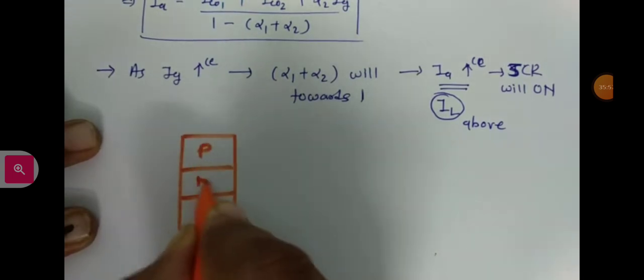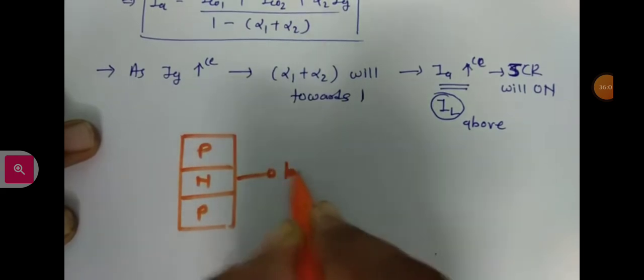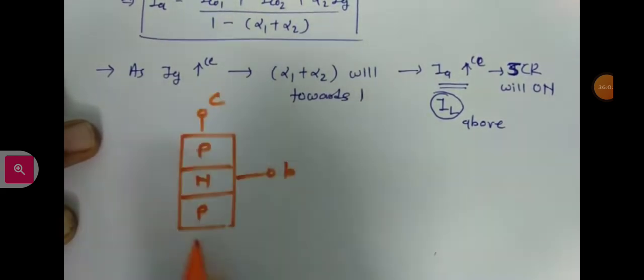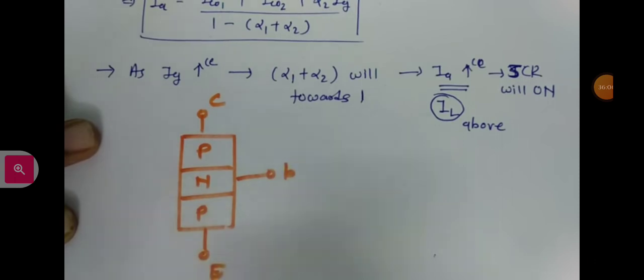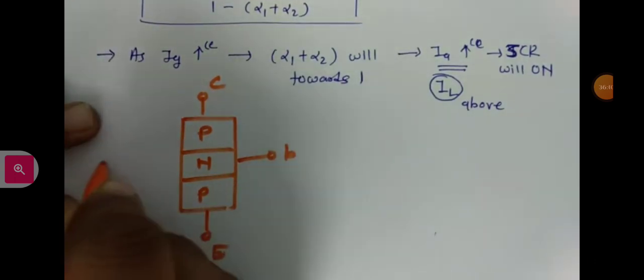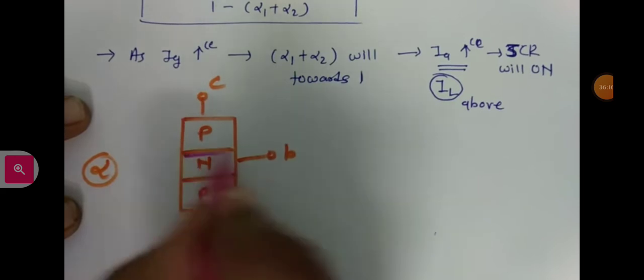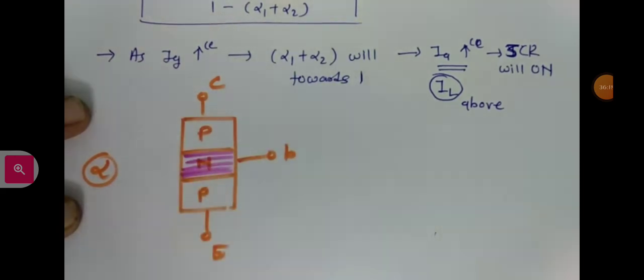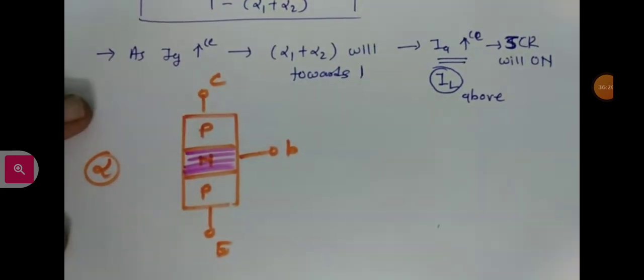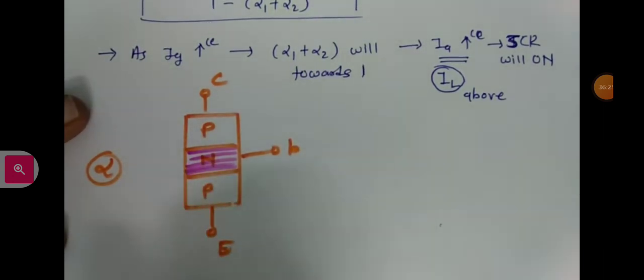If I say I have a PNP transistor, this is base, this is collector, and this is emitter. Now the value of alpha depends on the width of the base of the transistor.